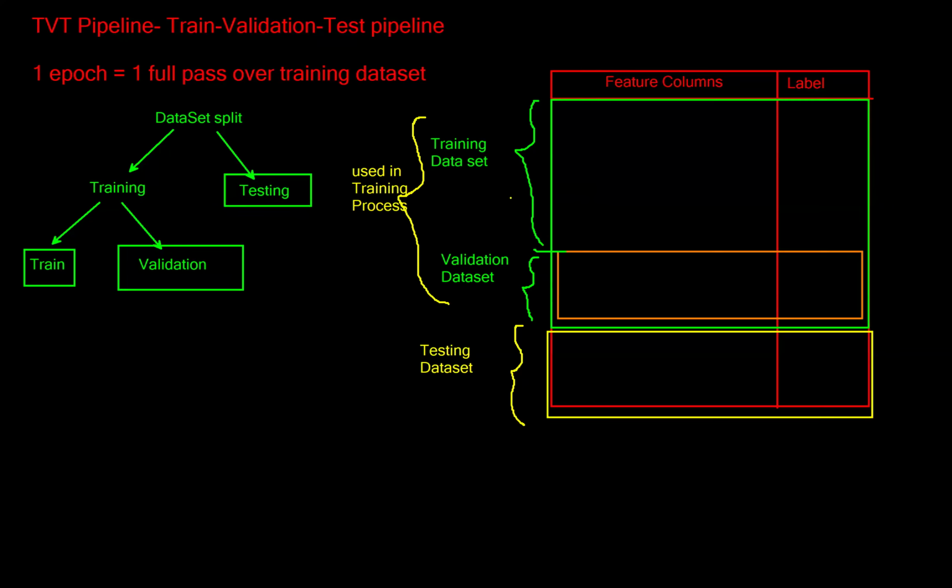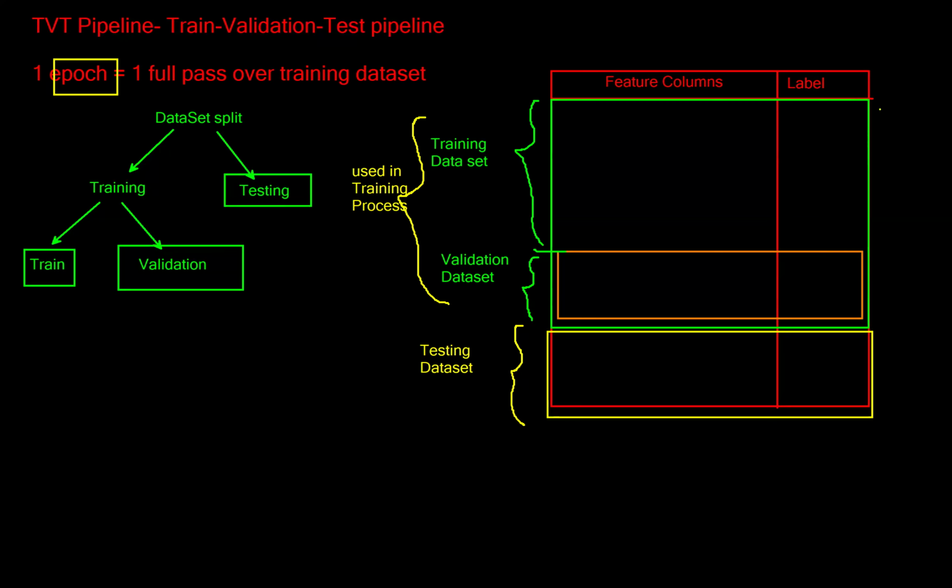The training data set is different, the validation data set is different, and both of them collectively are used in the training process. Now, when we talk about epoch, this term is coined only for the training data set and not for the validation data set.